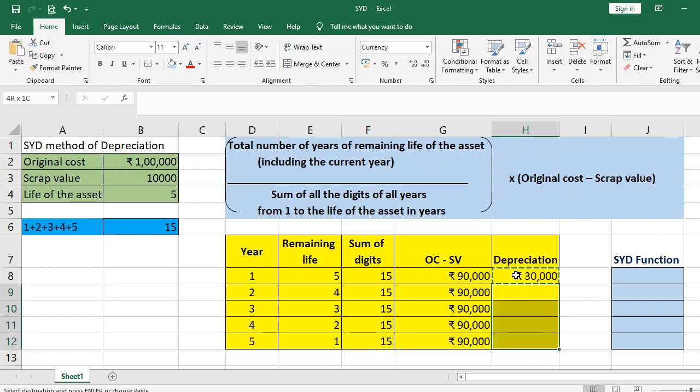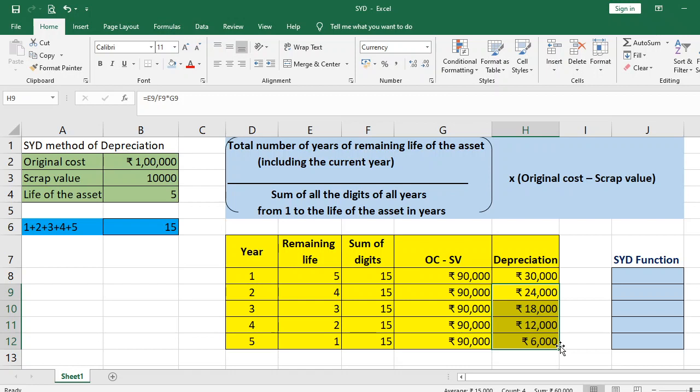Let me copy and paste. Now we can get the amount of depreciation for the other years. For the second year it is 24,000, for the third year it is 18,000, for the fourth year it is 12,000, and for the fifth year it is 6,000. So this is how we have to compute the amount of depreciation under SYD method manually.